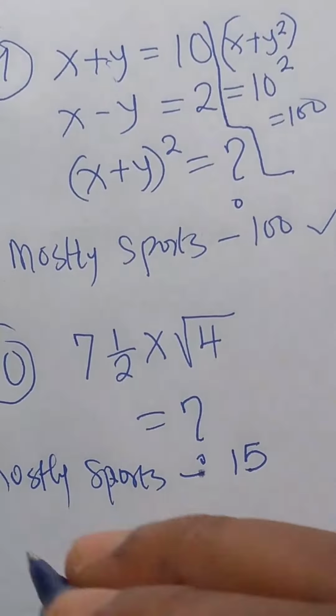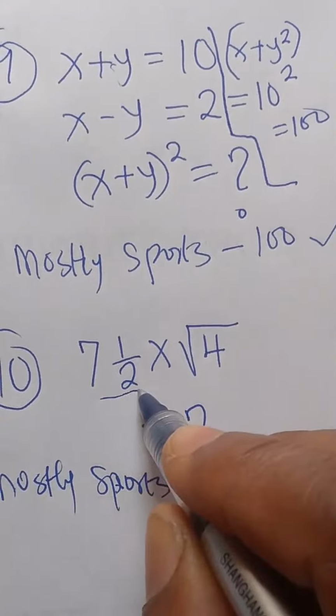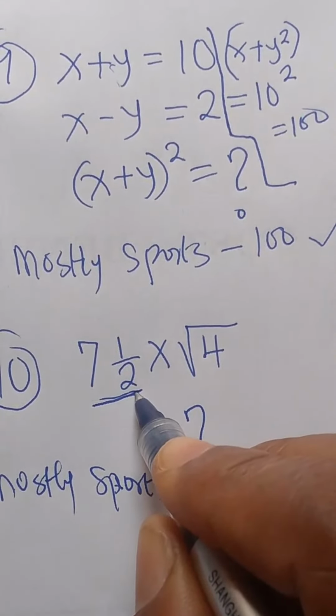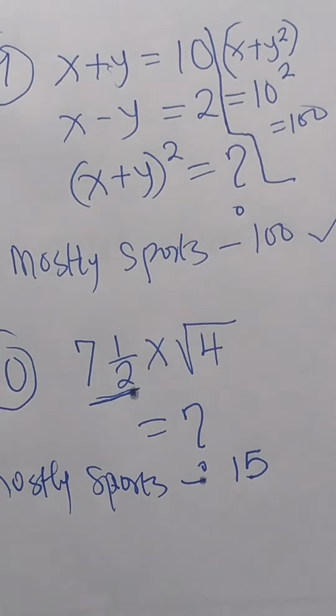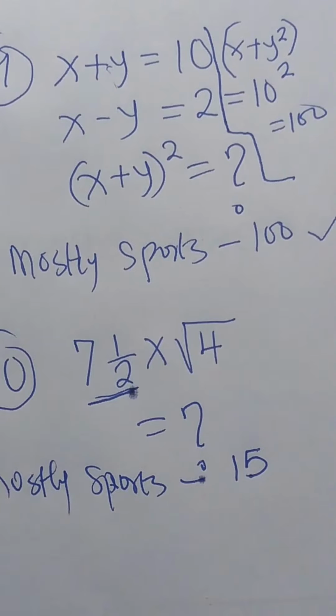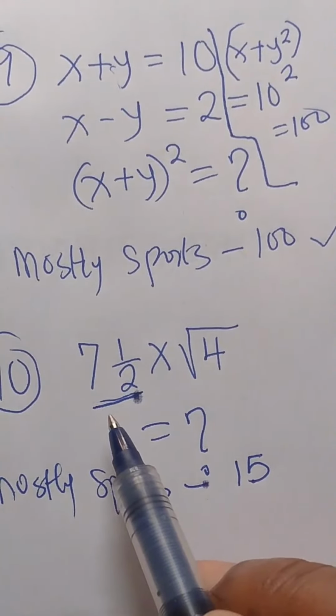Okay, let me solve this. To solve this is easy. You first convert this to an improper fraction. On my channel, you can see how to convert from mixed fraction to improper fraction. This is 7 whole number 1/2, so it's a mixed fraction.